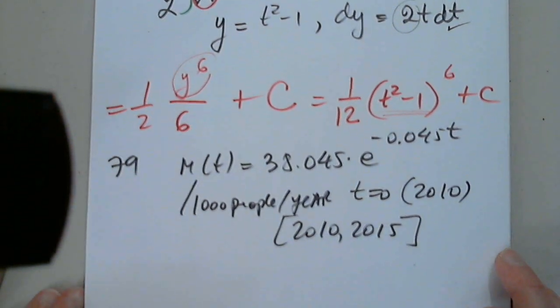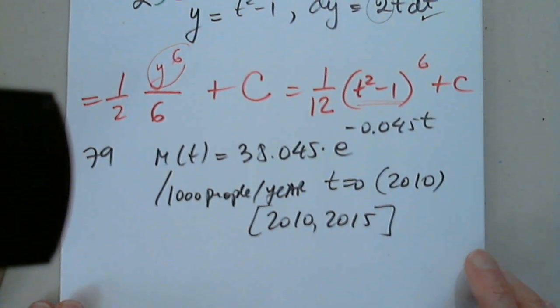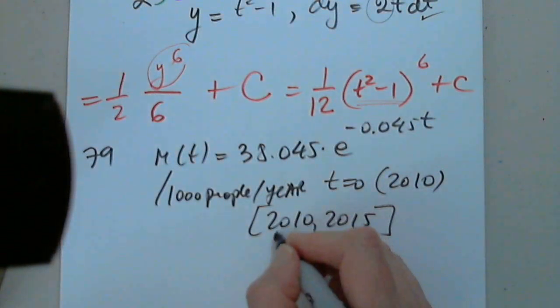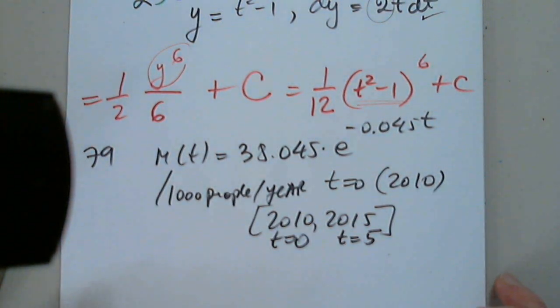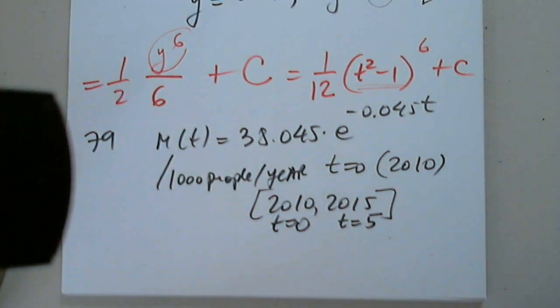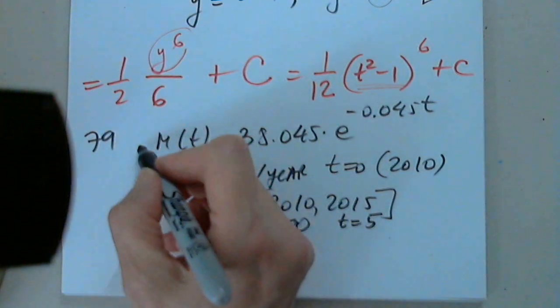Okay, so how do I determine this? What do I have to find? This is t equals 0, and this is t equals 5. So this is the rate.